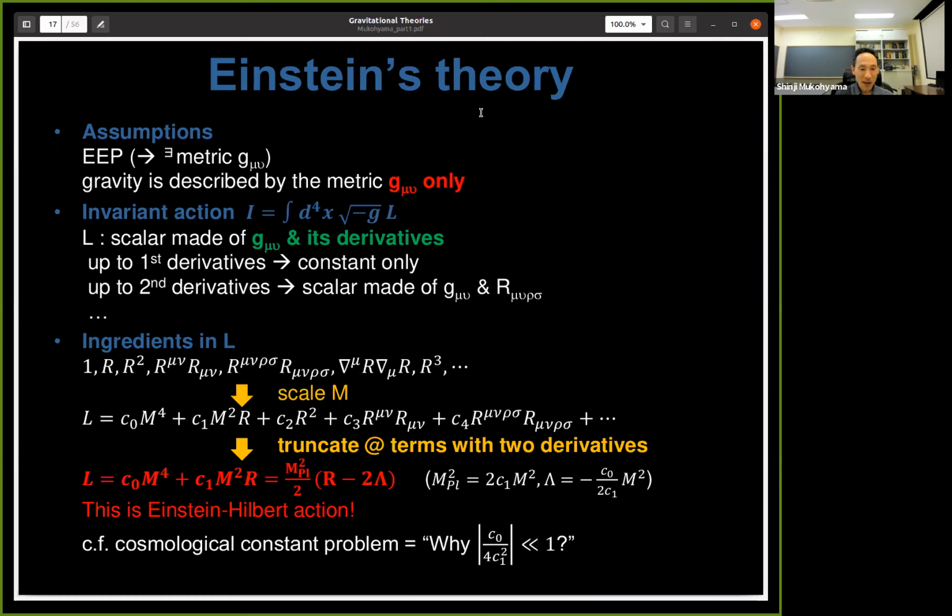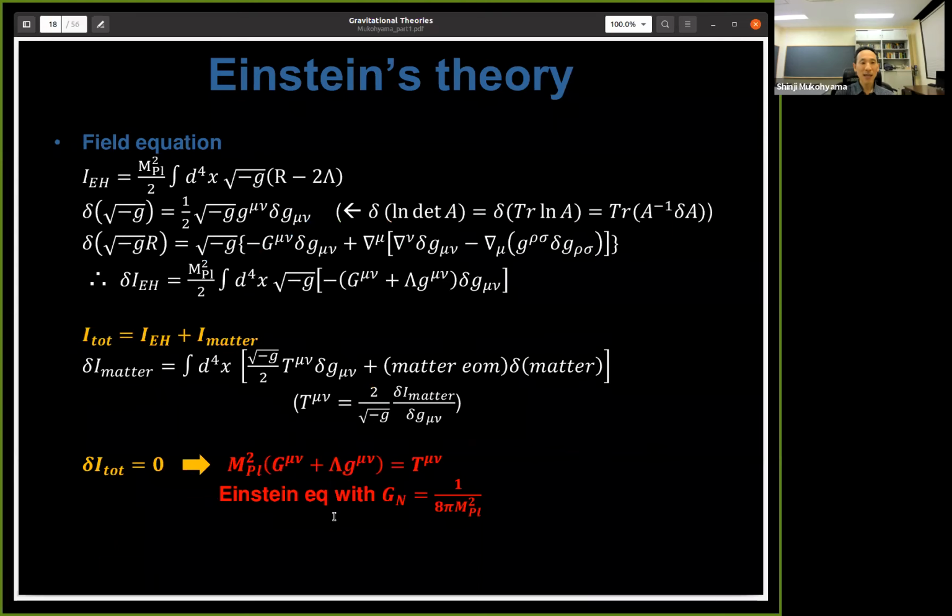We now have an action like this, which is called the Einstein-Hilbert action. Then we can get the field equation by taking the variation. This is the action, and then we consider a variation of the metric g_mu nu: we replace g_mu nu by g_mu nu plus delta g_mu nu.